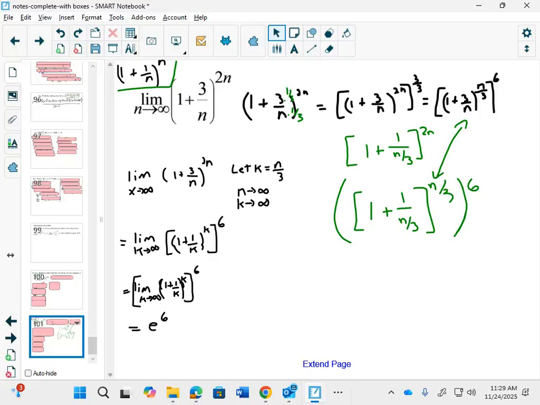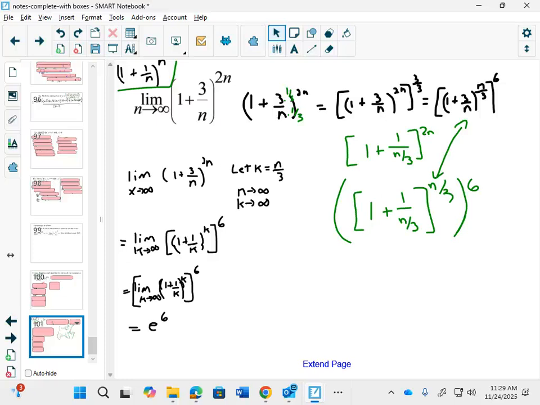E is called a transcendental number. And early transcendental calculus teaches you the derivative of e to the x early. The derivative of e to the x is e to the x. Can you prove it? Unfortunately, you can't prove it early.